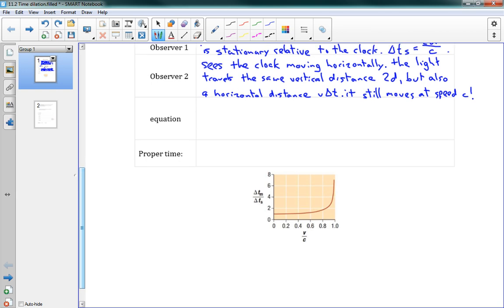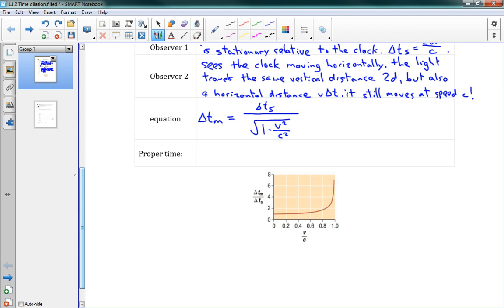So, we have an equation for this. We can say that delta Tm, which is the time from the moving frame of reference, so from observer 2's frame of reference, because observer 2 is moving relative to the clock, or the clock is moving relative to the observer. Okay, so delta Tm is equal to delta Ts, the stationary time, over the square root of 1 minus v squared over c squared.